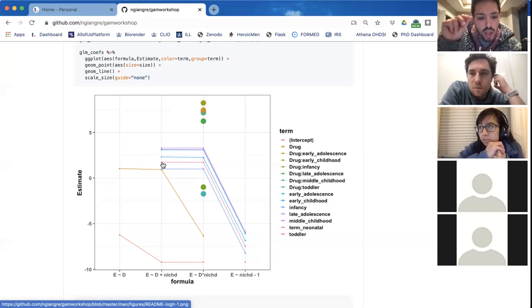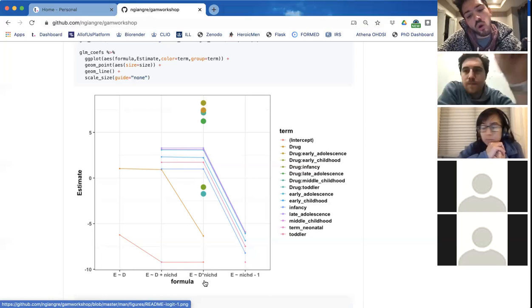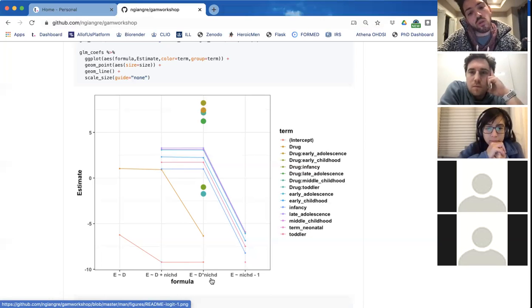And then the next one is the interaction, which is what we really care about. And it made those coefficients look bigger. And then on the right, you have the relationship with the stages themselves without the intercept.